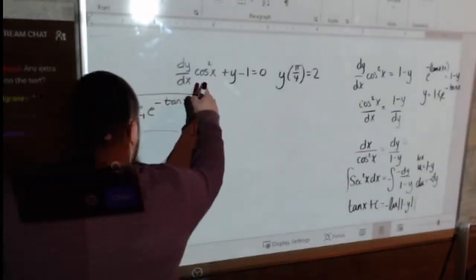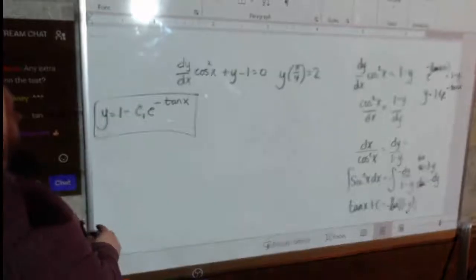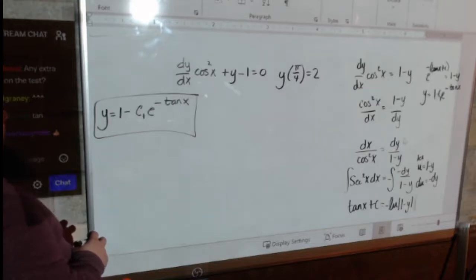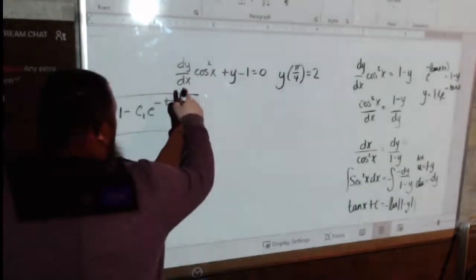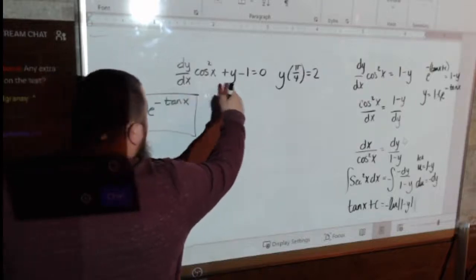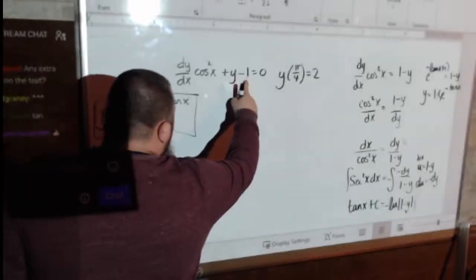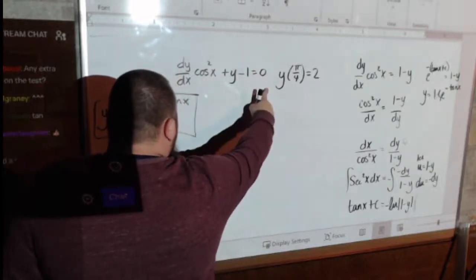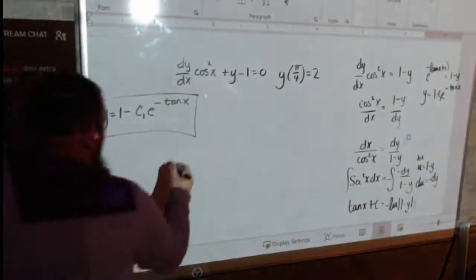Now I want to do this using integrating factor. So to do that, remember I said the form's got to have dy dx by itself, which means I'm going to first move this 1 to the other side of the equation and divide everything by cosine squared.